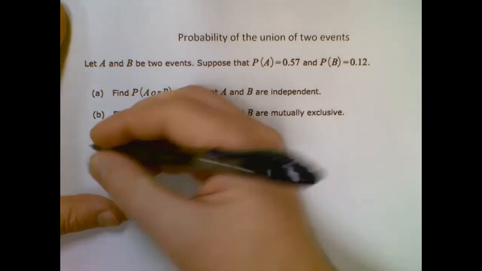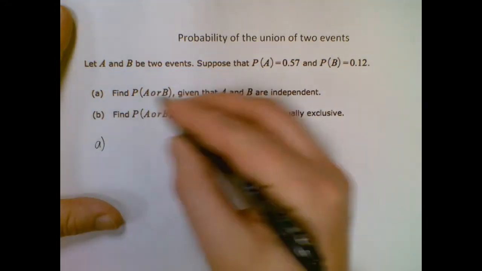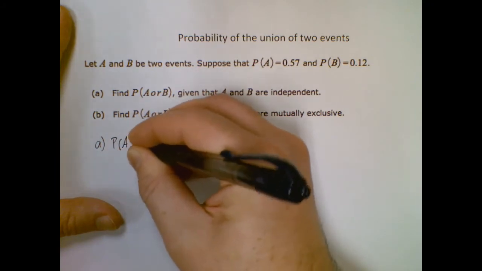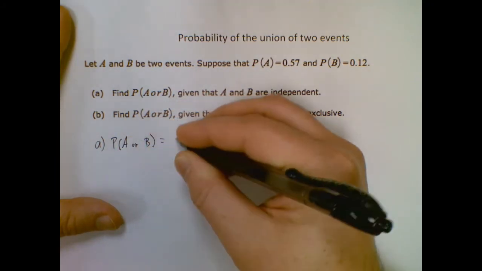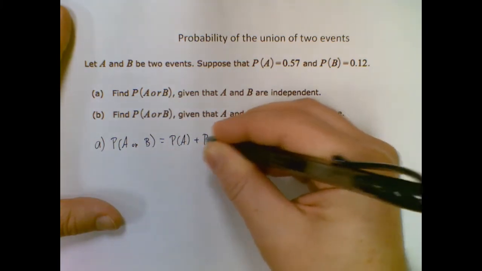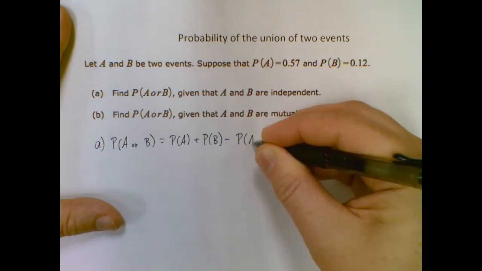So A, when it's independent, the probability for this A or B scenario we've seen before, and it's equal to the probability of A plus the probability of B minus the probability of them both.